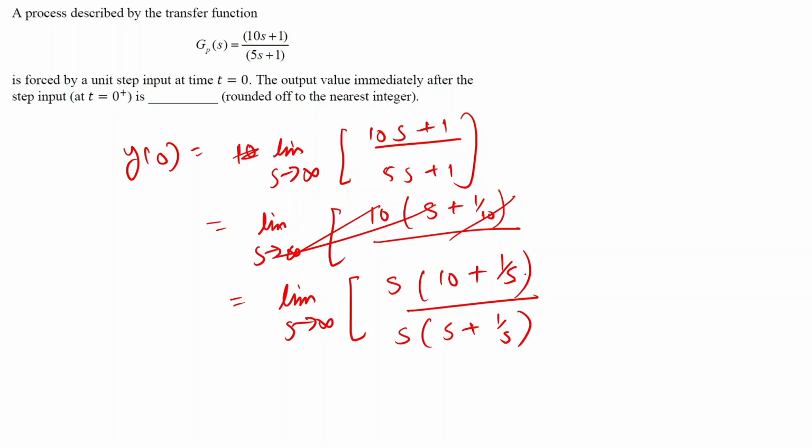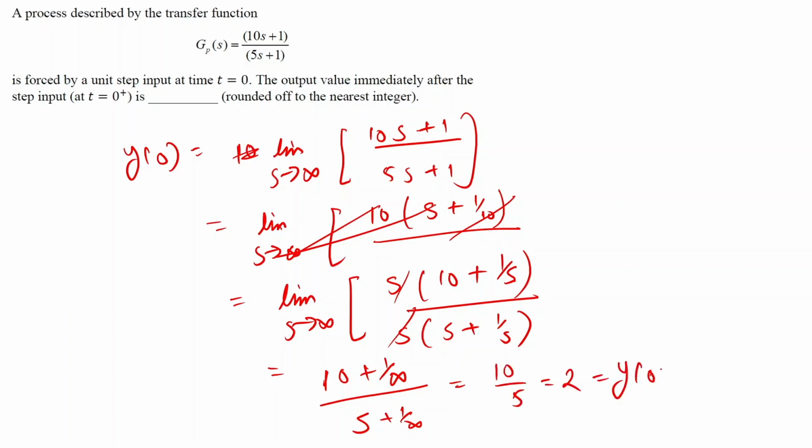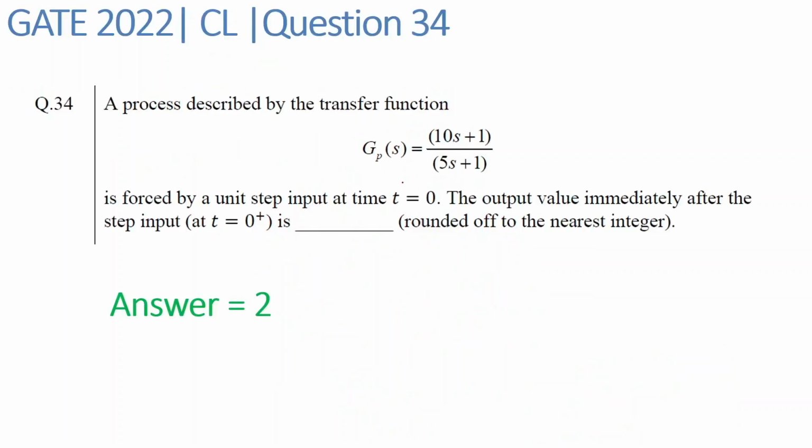Over here we can put the value of infinity; the s cancels out. So we get (10 + 1/infinity)/(5 + 1/infinity). 1 upon infinity will be 0, so 10 upon 5 is equal to 2. So the output value immediately after the step input, that is at time t = 0 plus, we can write as 2. So we can report the final answer as 2.